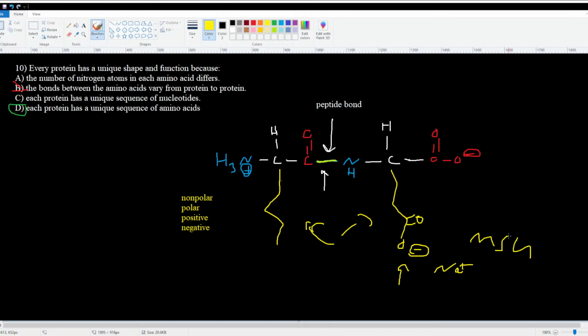That's what makes food so delicious, right? MSG and salt. So that's what a charged amino acid will look like, or when it has sort of an amino group and then it can gain a proton. So negative, positive, polar, nonpolar. Those are your four types of amino acids. So the answer is D, right?